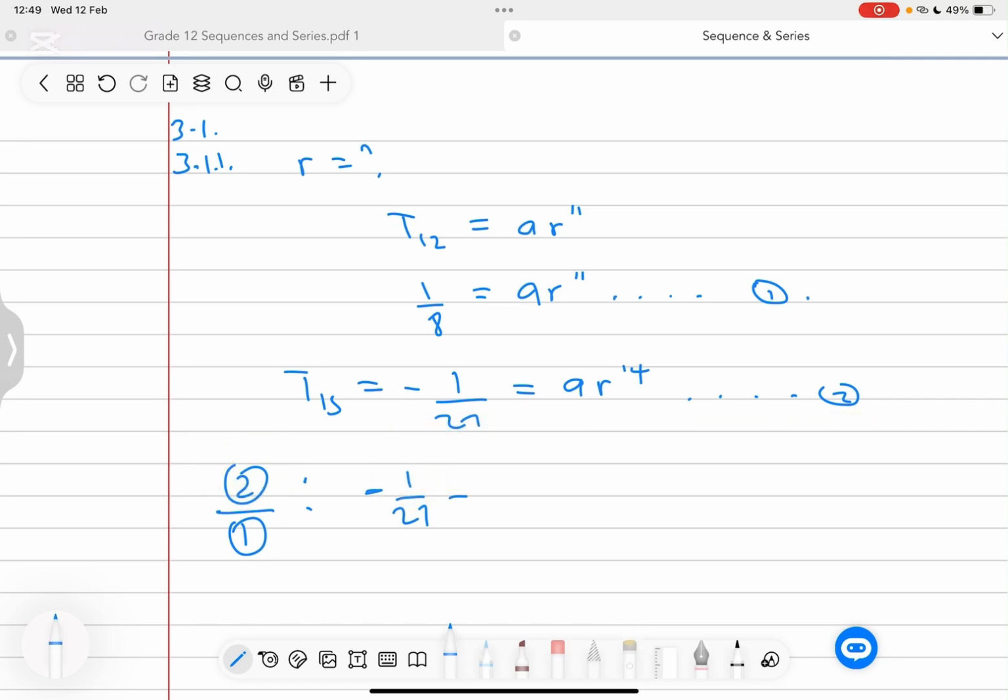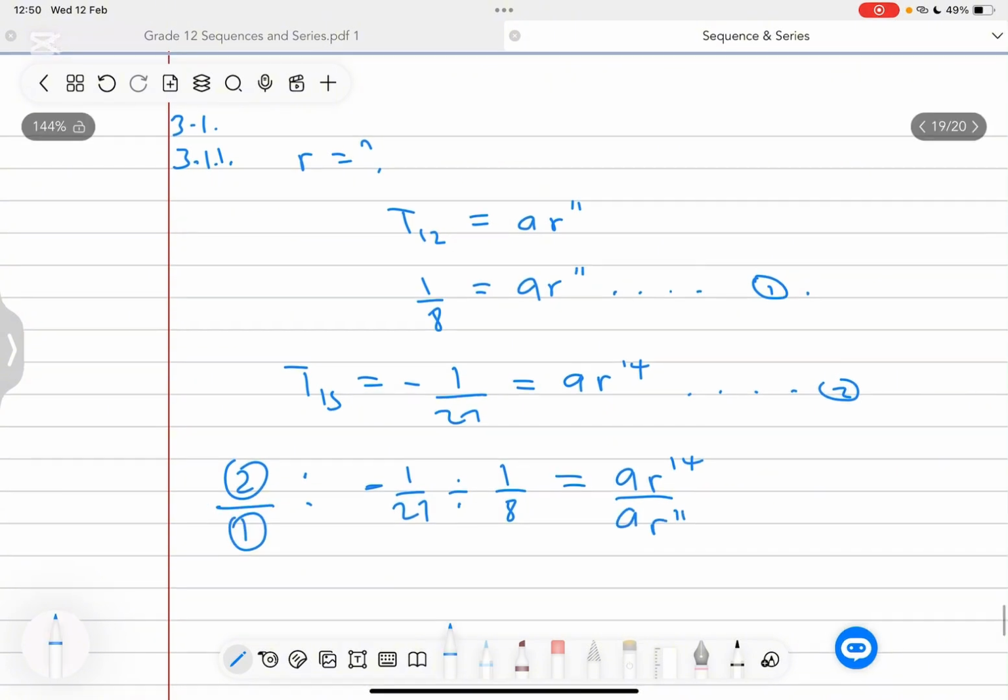Then I'm dividing this by equation 1, meaning the number in equation 1, which is 1 over 8. And the equal sign will be the way it is. On the right-hand side, equation 2 is given by a r to the power 14. Then I'm dividing that by equation 1, which is given by a r to the power 11.